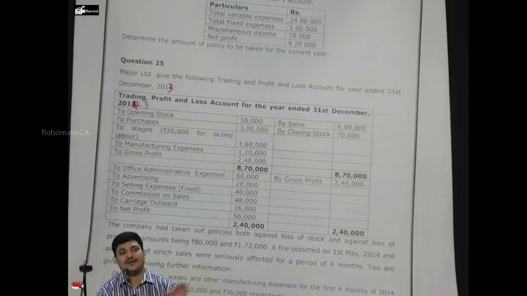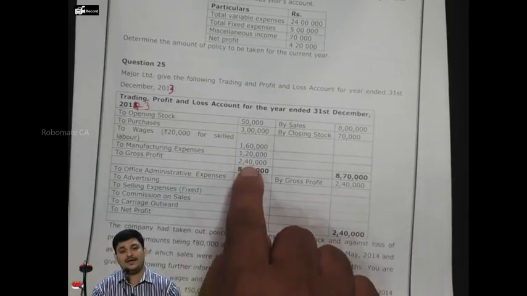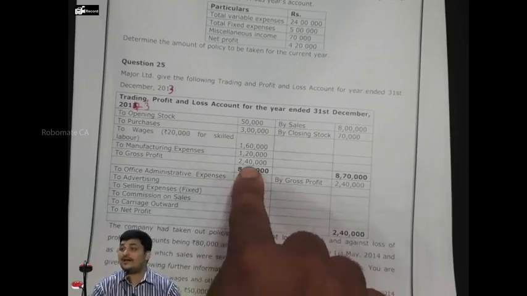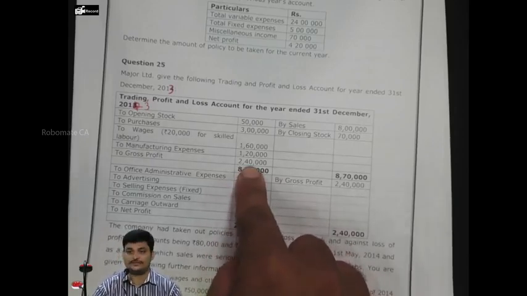The first claim is for loss of stock. Step number 1. Gross profit ratio. We will find the gross profit ratio of which year? Previous year. Correct? So previous year gross profit ratio we will be computing. The ratio is not given in the question, so we will prepare the trading account of the previous year. Trading account is given, but ratio is not given, but gross profit is available. Now should we take the gross profit available in the trading account or net profit plus insured standing charges?